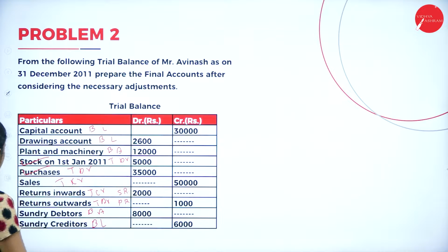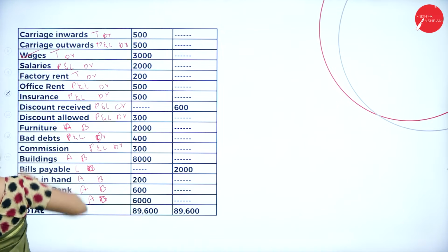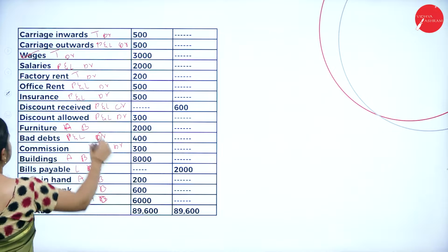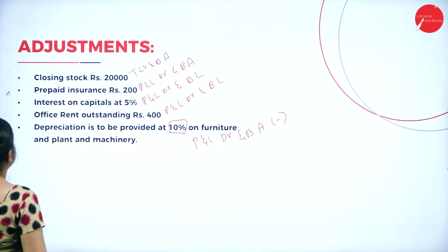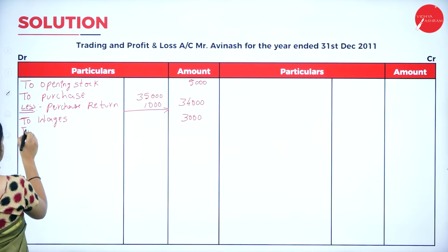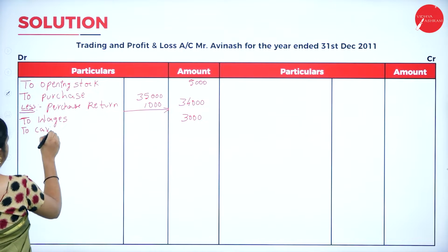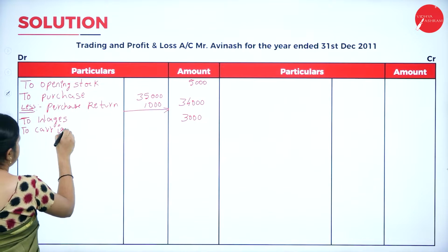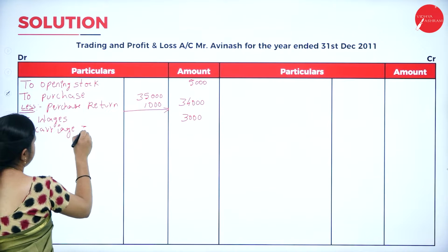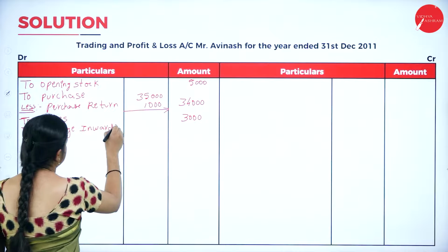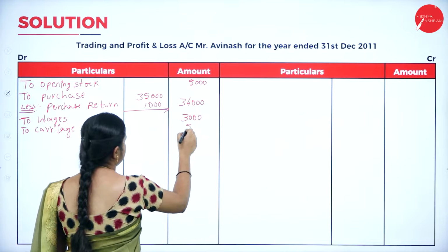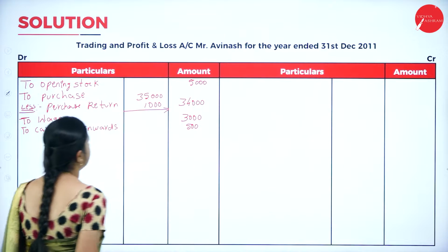Now find any other trading debit side items, other than purchase return. We have carriage inward, a trading account debit side item, right? Carriage inwards rupees 500.